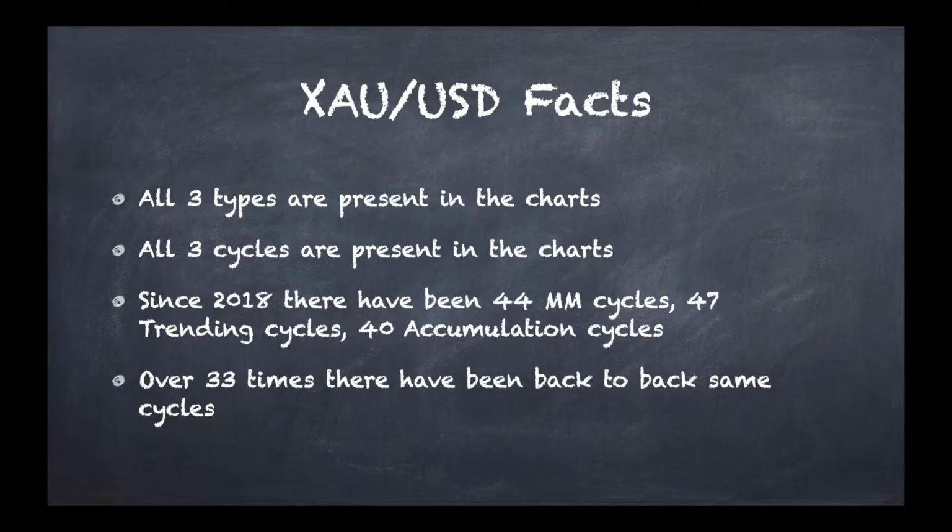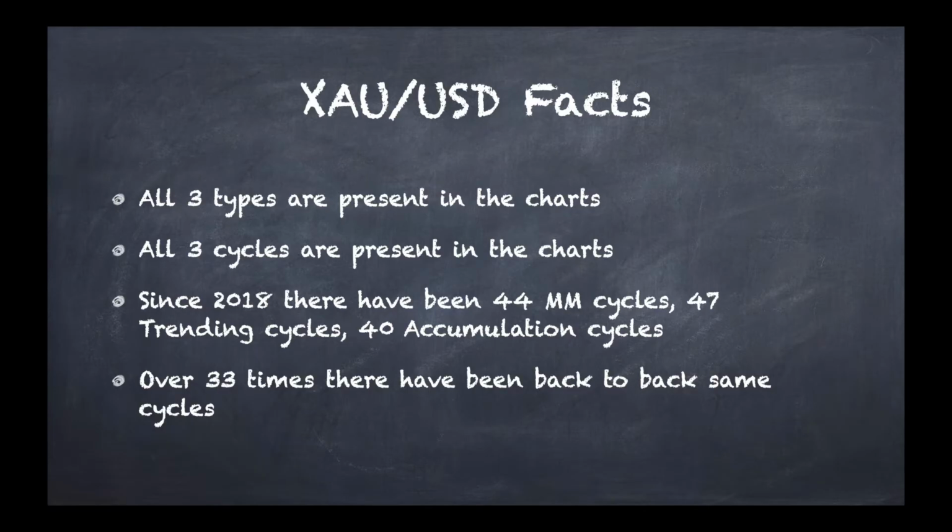Out of the 33, I would say maybe 10 were actually 3 weeks in a row: 3 weeks straight of trending, of market maker, of accumulation. All those things are facts on gold since 2018.